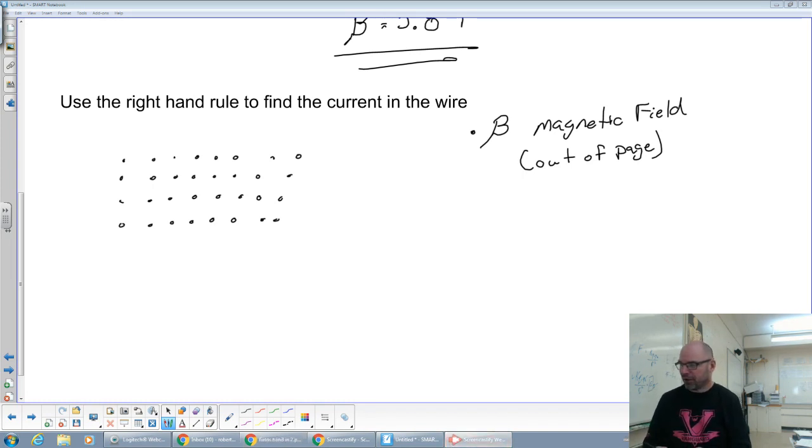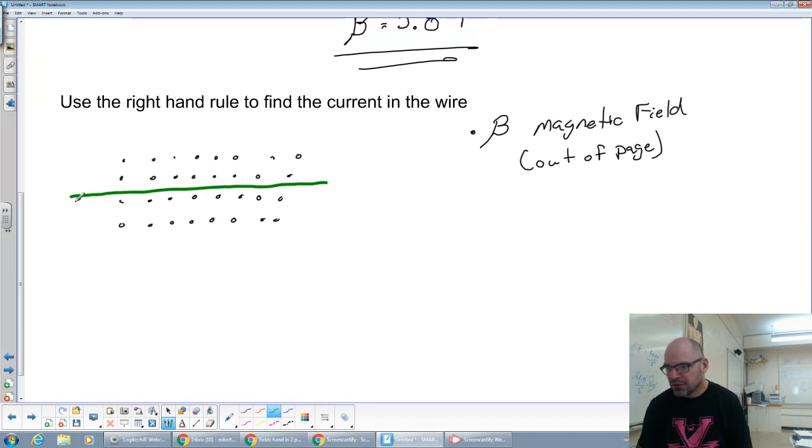Sorry about that. Let's draw a wire. I'm going to draw it in green here. Let's say the wire is perfectly perpendicular.